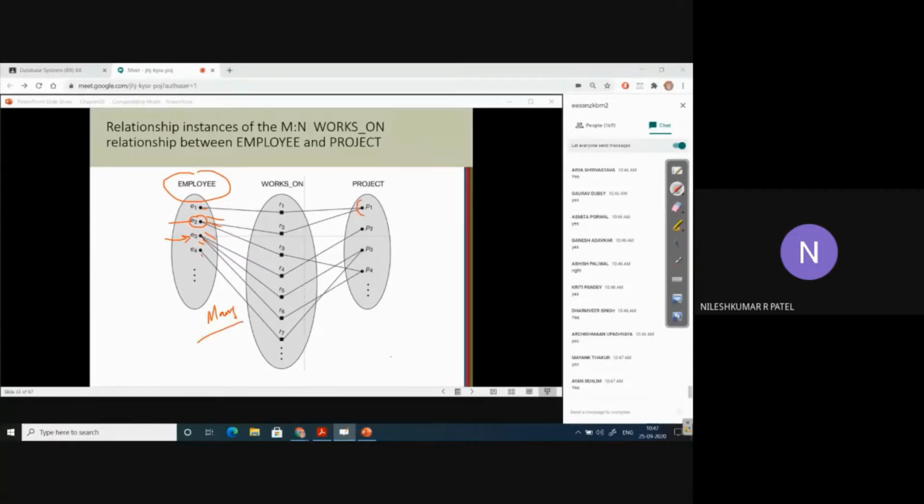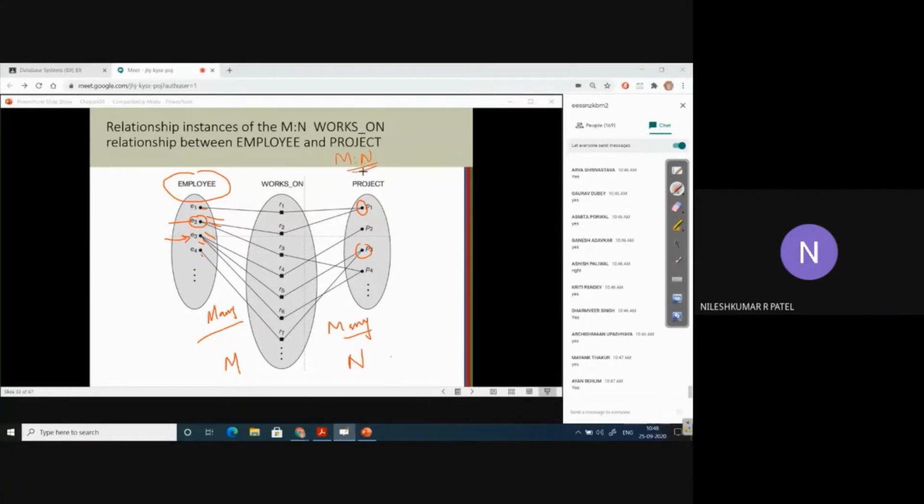And here also, if some bullets have many incoming lines, this is also many. So we call this many-to-many cardinality ratio, and you represent it by m is to n. Is it clear, all of you?